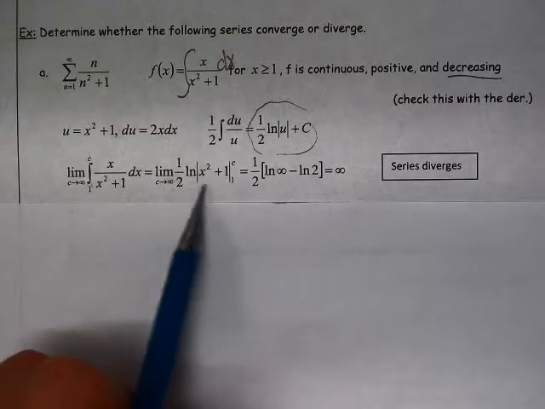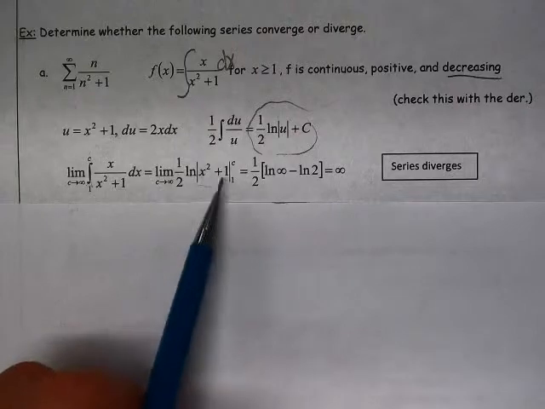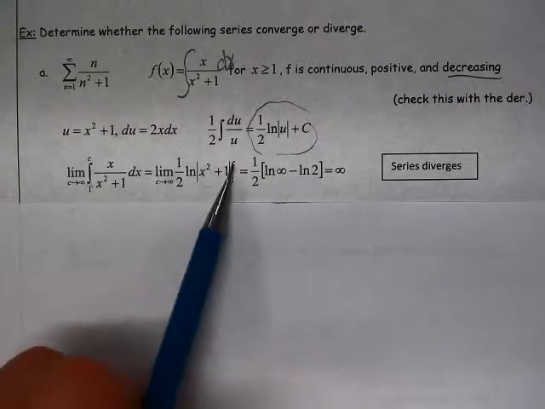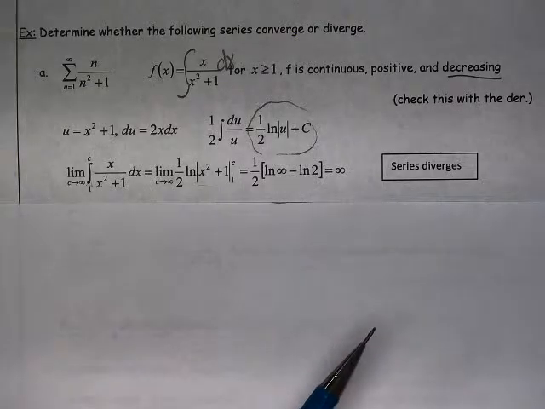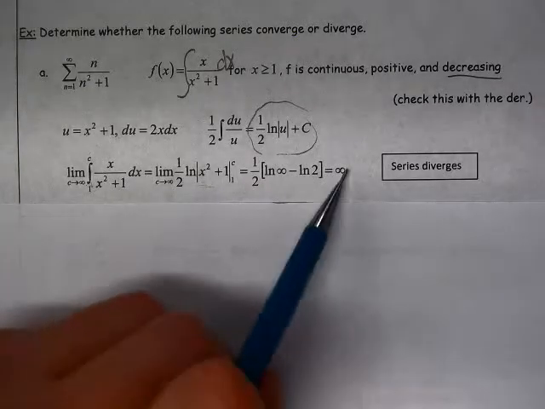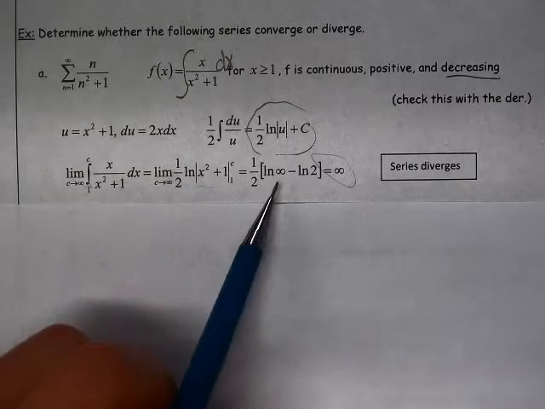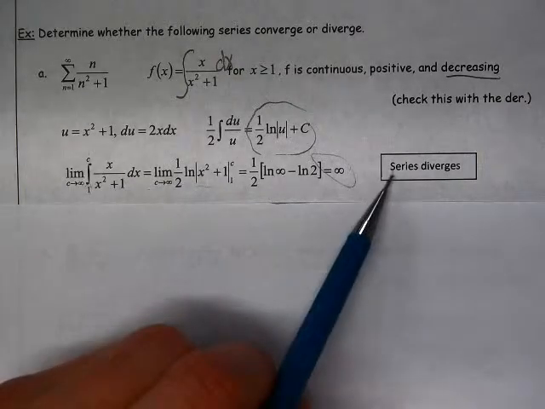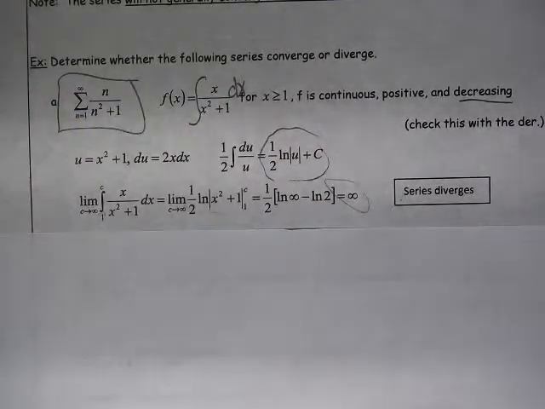I have this as my result, and then I do ln of, I substitute c and 1 in as I subtract, and then look at the limit as c approaches infinity, and I get infinity for that improper integral. So this improper integral diverges, which also means that the original series diverges.